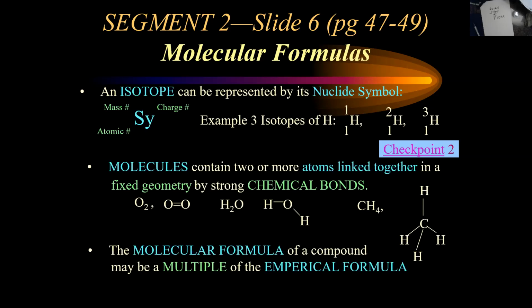You've probably heard of acetylene torches. Acetylene is HC triple bond CH, all in a straight line. So C2H2 is its molecular formula. But you can divide that C2H2 by 2 and get CH, and that's what's called the empirical formula. When we get formulas from percentage composition, that's what we're going to be doing a little later.